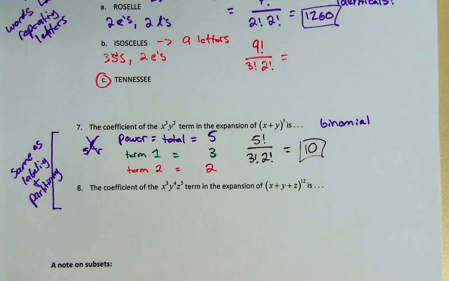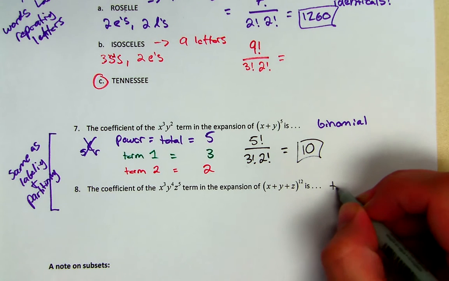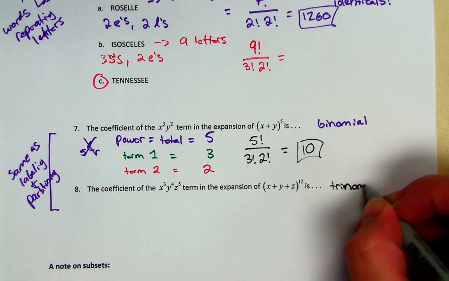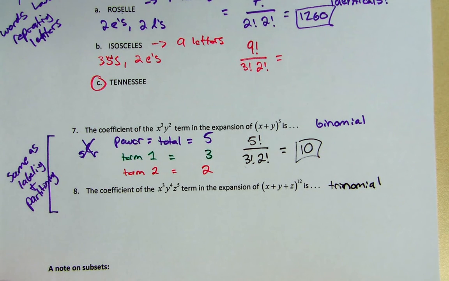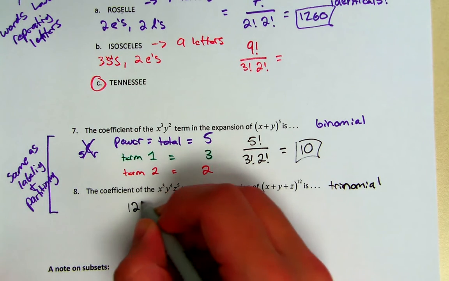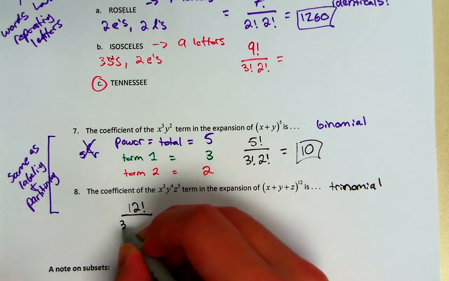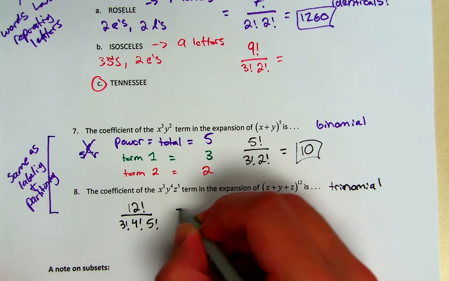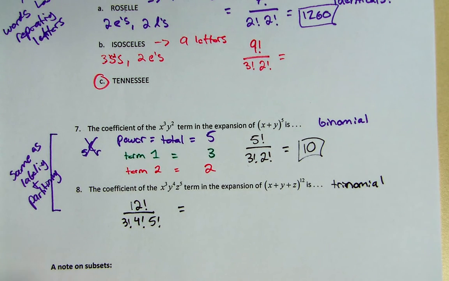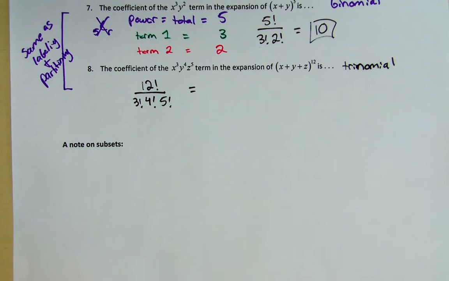This works the same exact way for doing a trinomial. So then we just got to figure out, okay, total power is 12. Divide out 3 factorial, divide out 4 factorial, divide out 5 factorial. Right? And again, you can figure that out, finish it, get the answer.